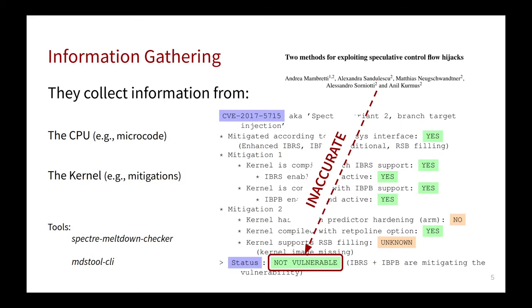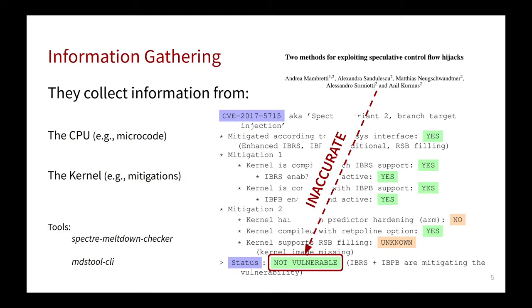They only focus on the user against kernel. In our work, we show that we can still mount Spectre BTB, despite what the tool says, in a user versus user scenario. This shows how, if we rely solely on the output of Spectre Meltdown Checker, we might get misled by the tool into thinking that the whole system is secure against Spectre BTB, but in truth, only the kernel is secure against it.